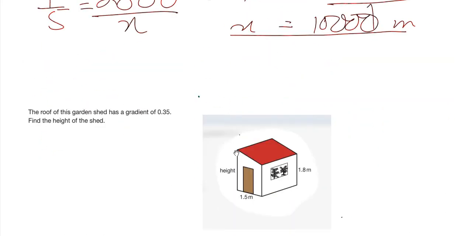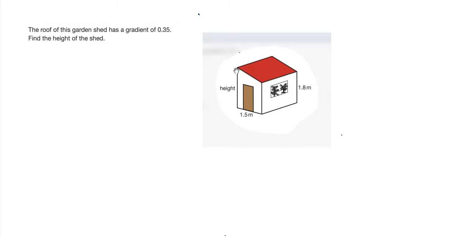All right, now again we have to check out another word problem related to gradient. The roof of this garden shed has a gradient of 0.35. Find the height of the shed. We have to find the height. We have been given this much horizontal distance, and the gradient as well, but we need to find this whole height of the shed.